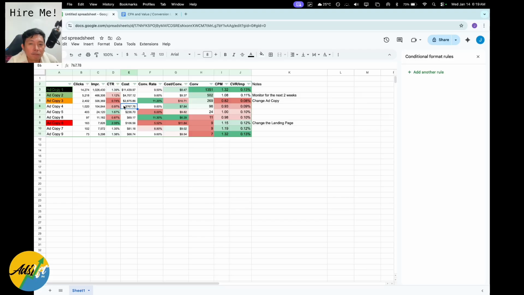So also the CPM. So we can't ditch this one. We can transfer the spending. The amount that we might save or transfer to the two ad copies is almost 1.2k, or almost 4.2k, which will be transferred to the remaining ad copies that we will be testing and monitoring.